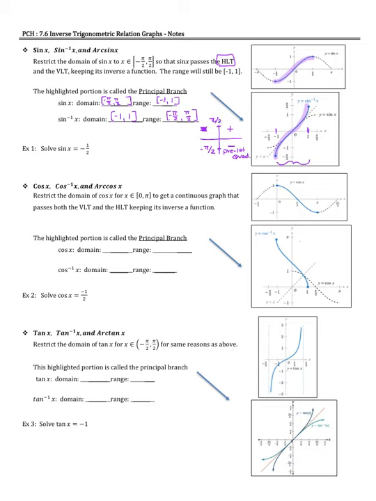So your answers will always have the same value, but will have either a plus or a minus in front of them. For instance, solve sine x equals negative 1/2. So that's like saying x equals inverse sine of negative 1/2.